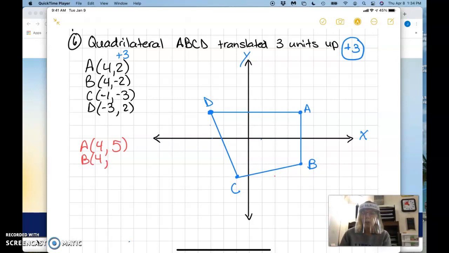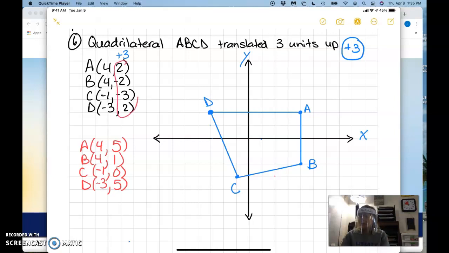What is 3 minus 2? 1. What is negative 3 plus 3? 0. Good. What is 2 plus 3? 5. Okay, so there's our new points. All I did was add 3 to all these y values.